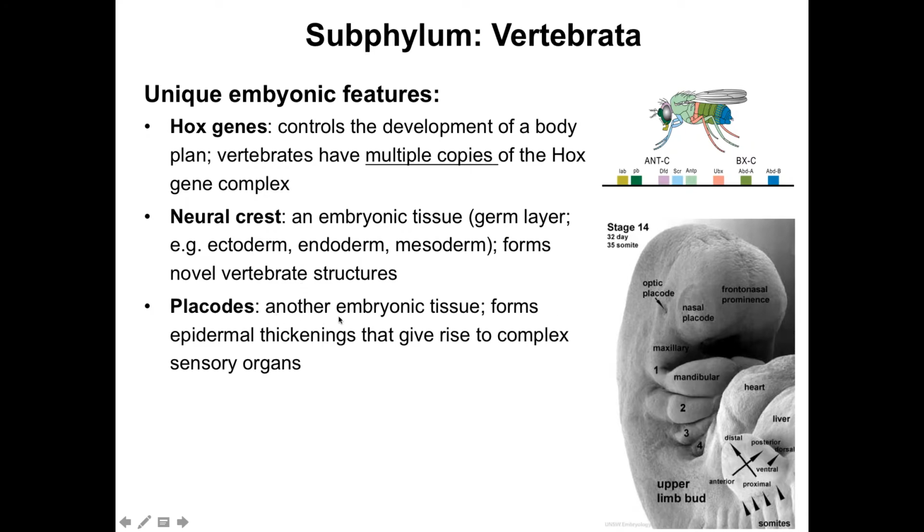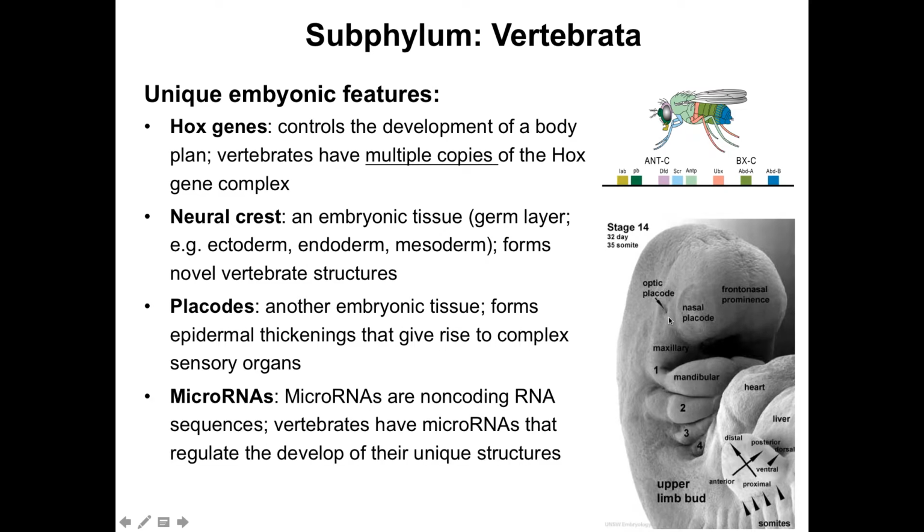Placodes are another type of embryonic tissue unique to the vertebrates, and placodes are epidermal thickenings that give rise to complex sensory organs. MicroRNAs are another unique embryonic feature of vertebrates. MicroRNAs are non-coding RNA sequences, and vertebrates have microRNAs that regulate the development of unique structures in their body plan.